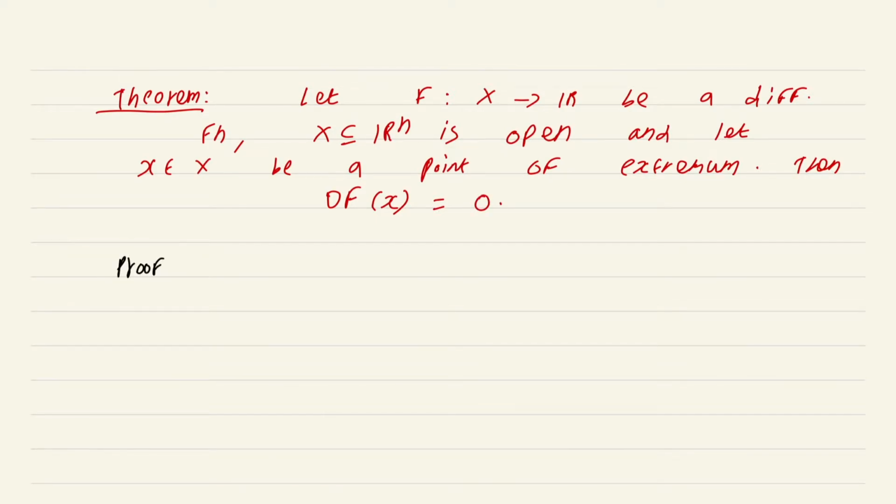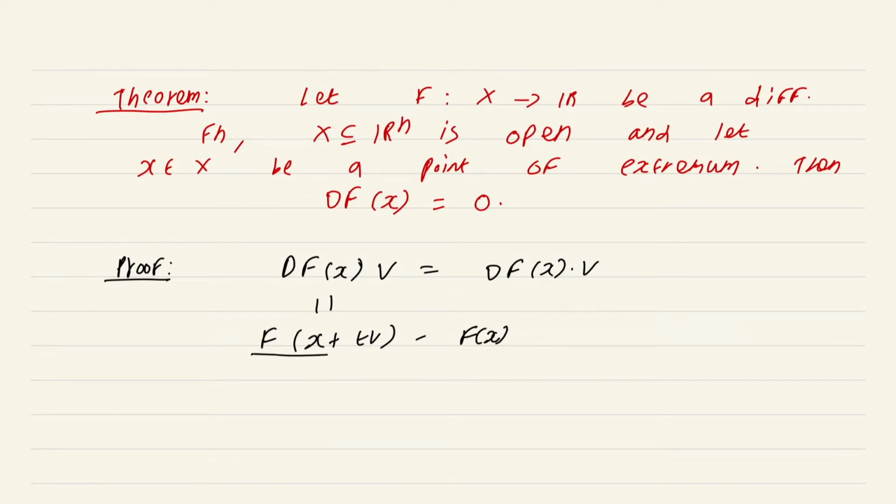Proof. I'm just going to show that all directional derivatives vanish, and therefore the gradient also vanishes. We know that the directional derivative d_v f(x) is nothing but the gradient of f at x dot v, and this is by definition the limit as t goes to 0 of f of x plus t v minus f of x, divided by t.